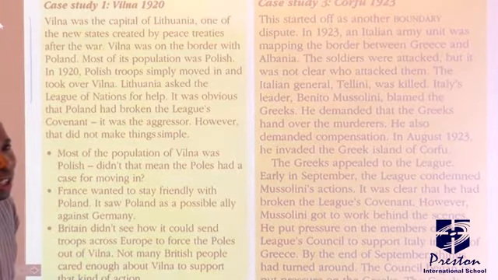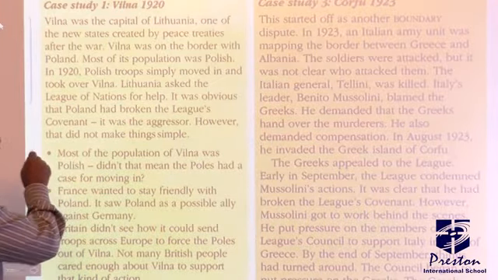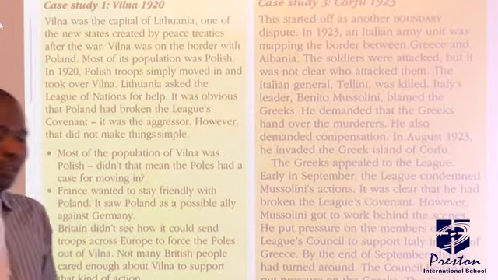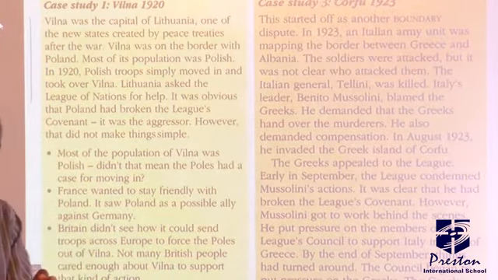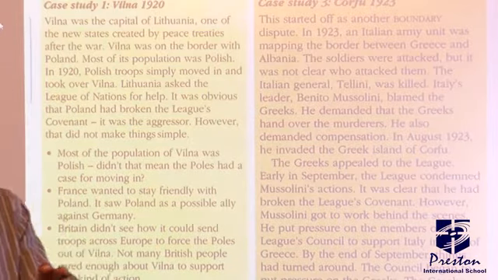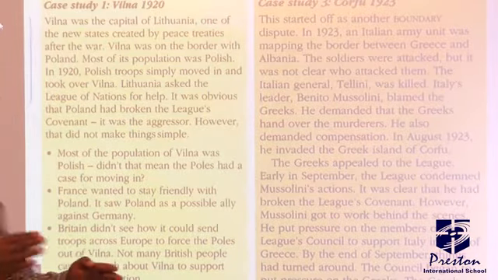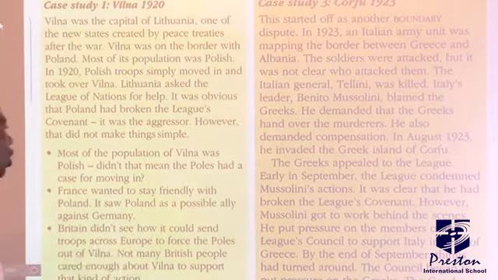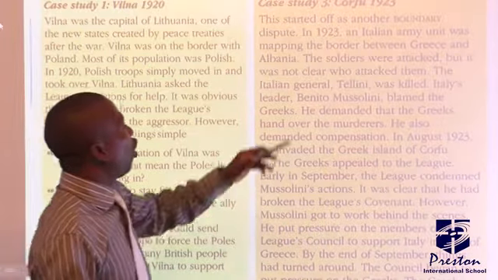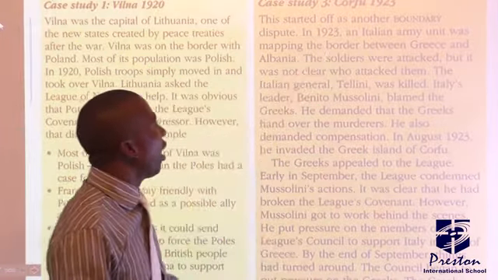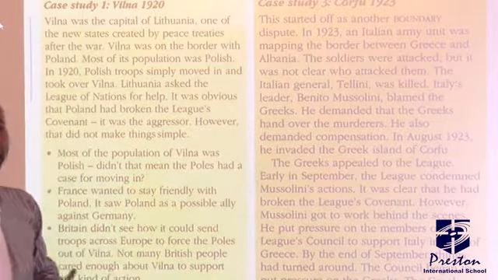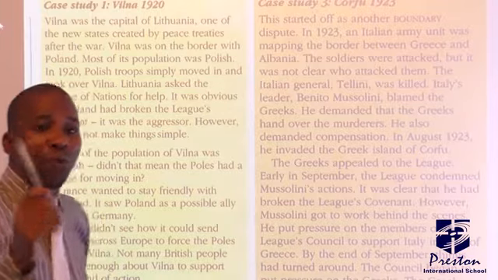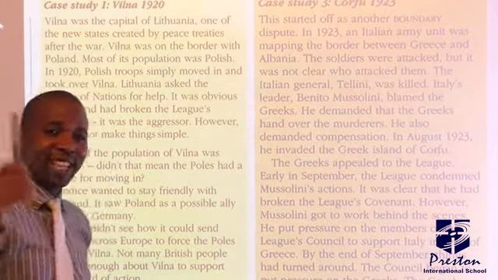The League of Nations was put to test here, but it failed. How did they fail? They failed because they wanted to keep the friendship between Britain and France. Also, the League of Nations failed in Corfu in 1923. So these two cases were cases where the League of Nations failed.